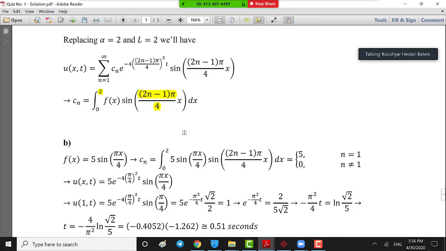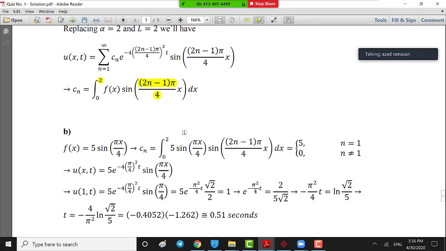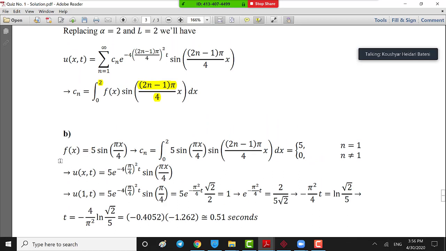Now, in part B, when f of x is equal to 5 times sine of pi x over 4, then Cn becomes equal to the integration from 0 to 2 of 5 times sine of pi x over 4 times sine of (2n minus 1) pi over 4 x with respect to x.